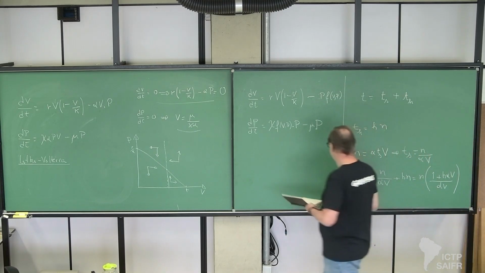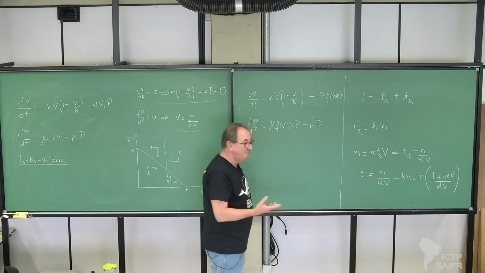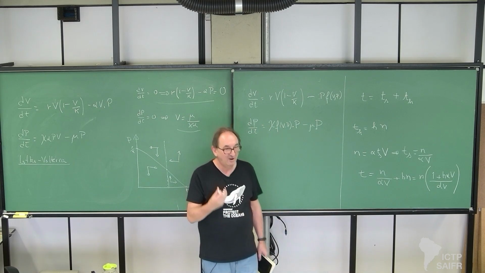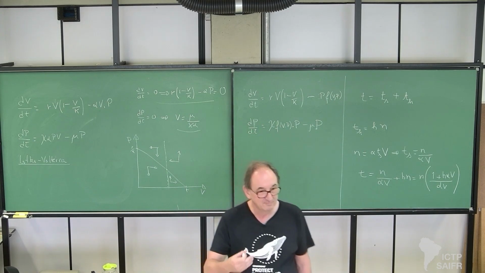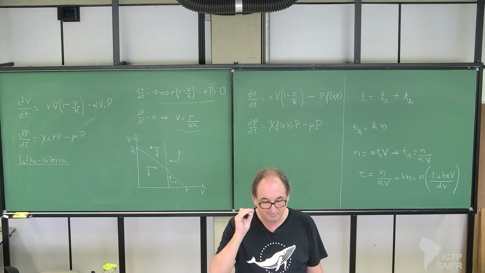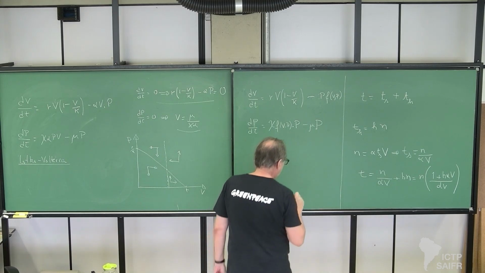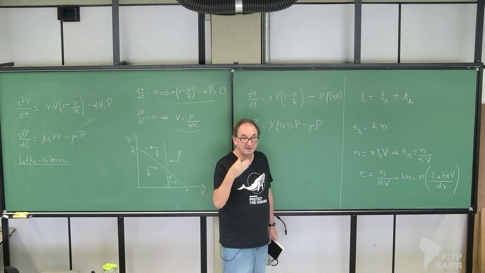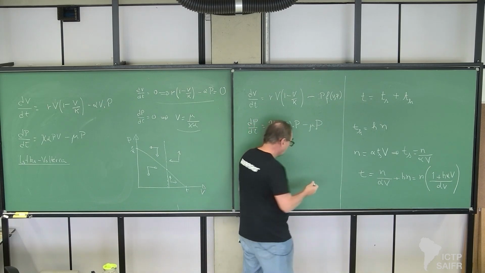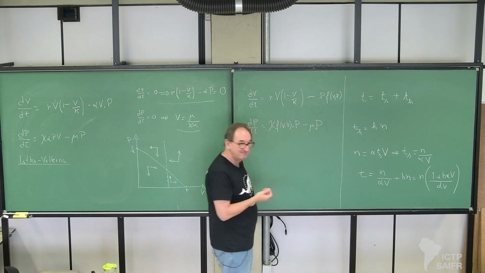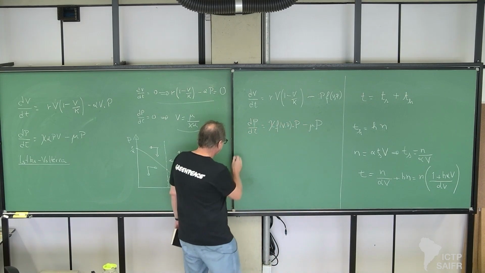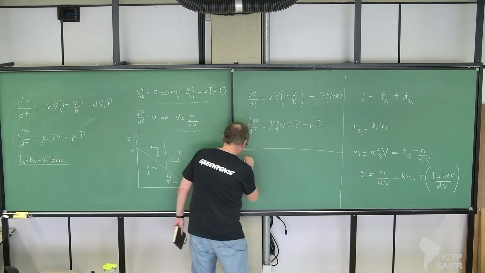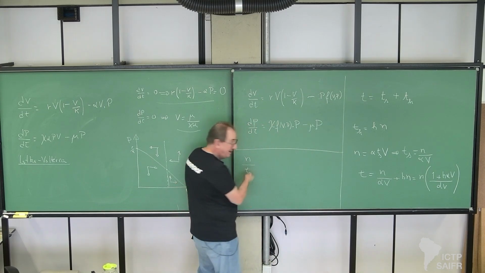Now, the number of prey being consumed by unit time will be just n over t. Okay? So we want to write down n over t, which is prey per time.